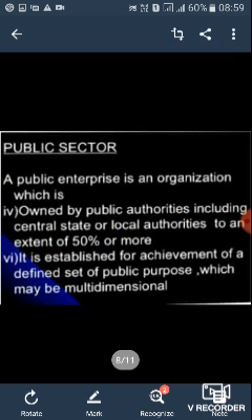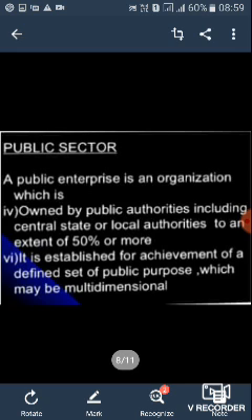Now public sector: a public sector is an organization which is owned by public authorities. It can be the central government or the local authorities to the extent of 50% or more. That is, 50% of the shareholders can be the government, or more than 50% will be the share of the public sector.